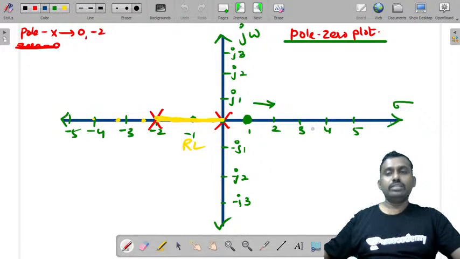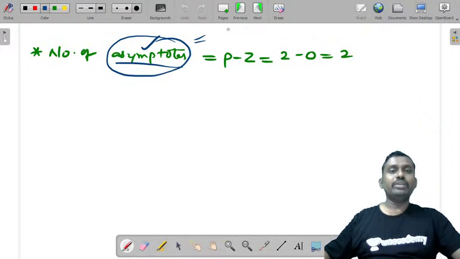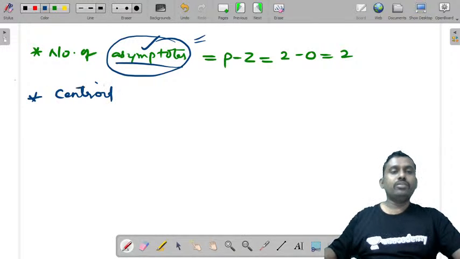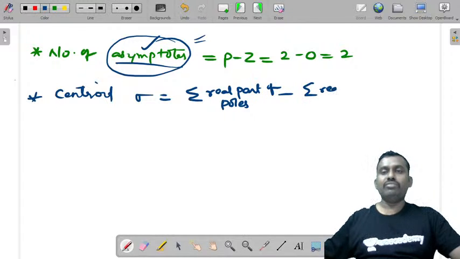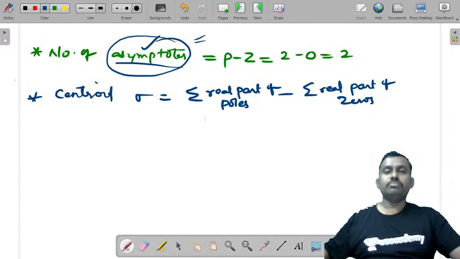Asymptotes are always drawn on the real axis. Where should we draw? We should draw them at the centroid. What is the centroid? Sigma is equal to the sum of real parts of poles minus the sum of real parts of zeros, divided by p minus z.